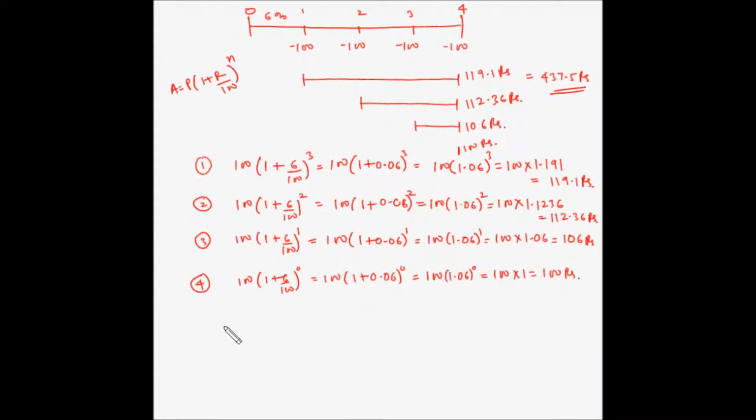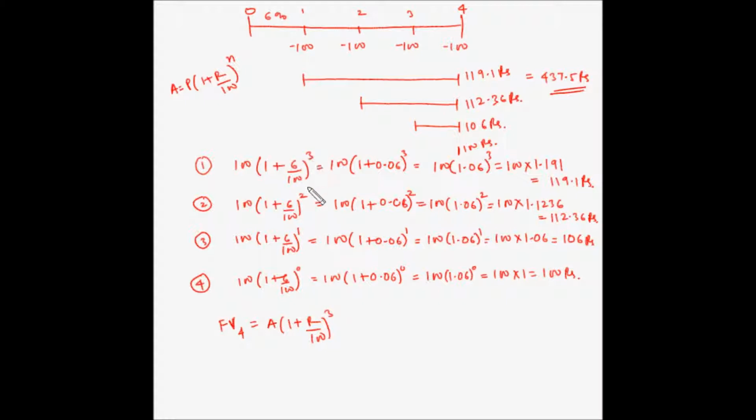So basically what we did is, the future value at the end of 4 years is equal to A into 1 plus r by 100 to the power 3, that is this one here. A is the amount of the annuity installments, which is 100, and r is 6.